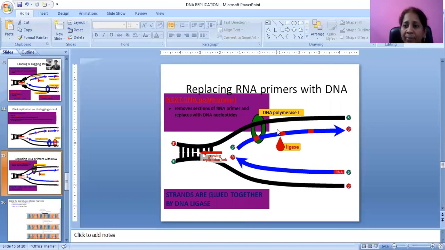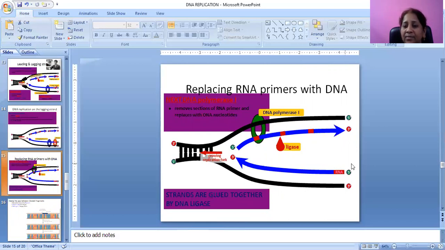So DNA polymerase 1 removes some sections of RNA primer and replaces them with DNA nucleotides. And the strands are glued together by DNA ligase.